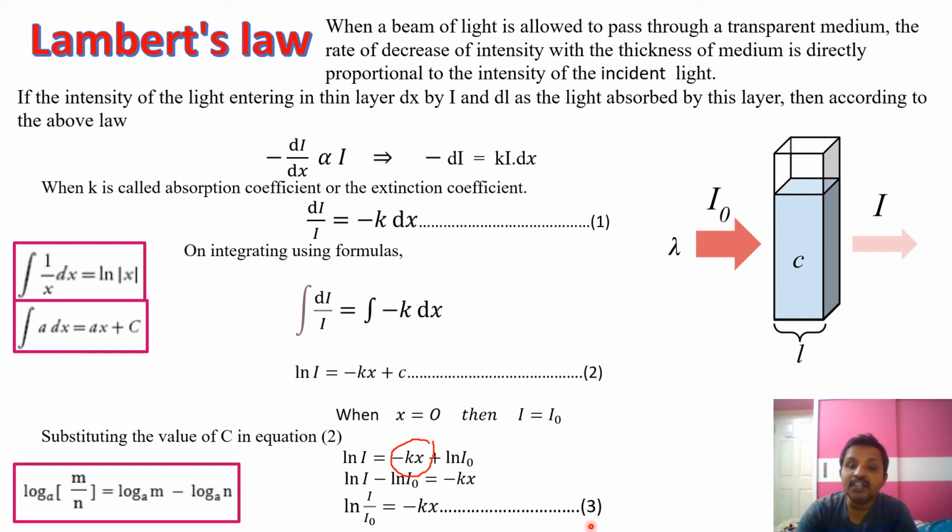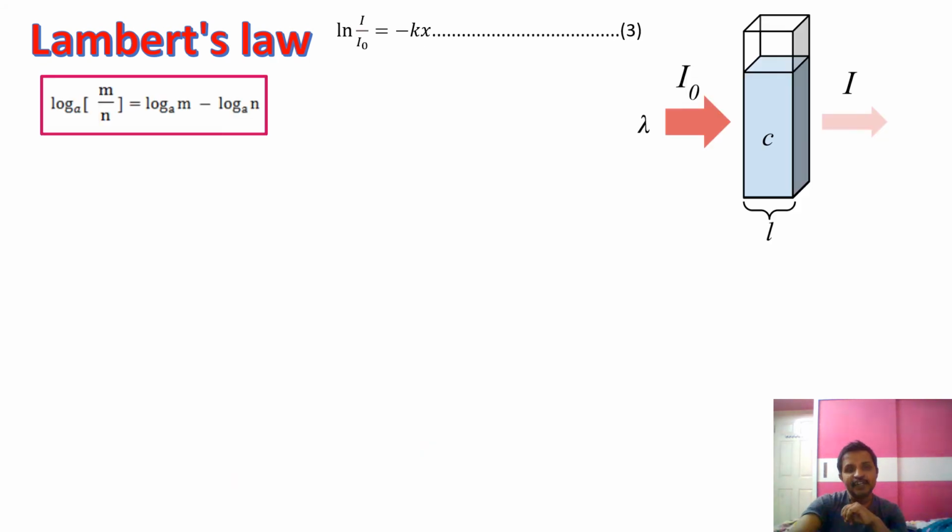That is equation number 3. Here we are using the formula log of m by n equal to log m minus log n.